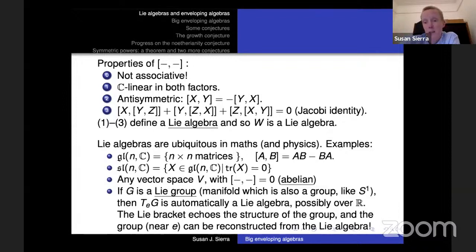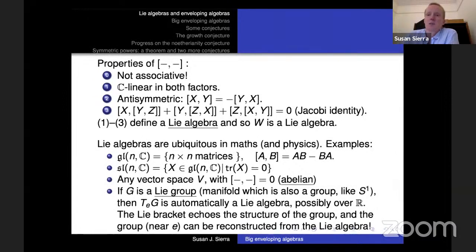Let me not worry about what field I'm working with. And it's an amazing and beautiful fact that the Lie bracket on this tangent space echoes the structure of the group. And it echoes the structure of the group so closely that you can recover the group from the Lie algebra, at least in a neighborhood of the identity.